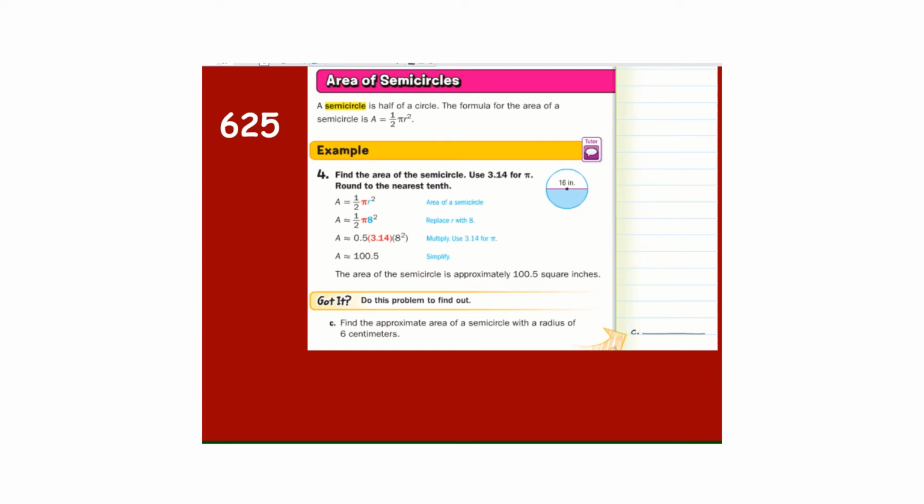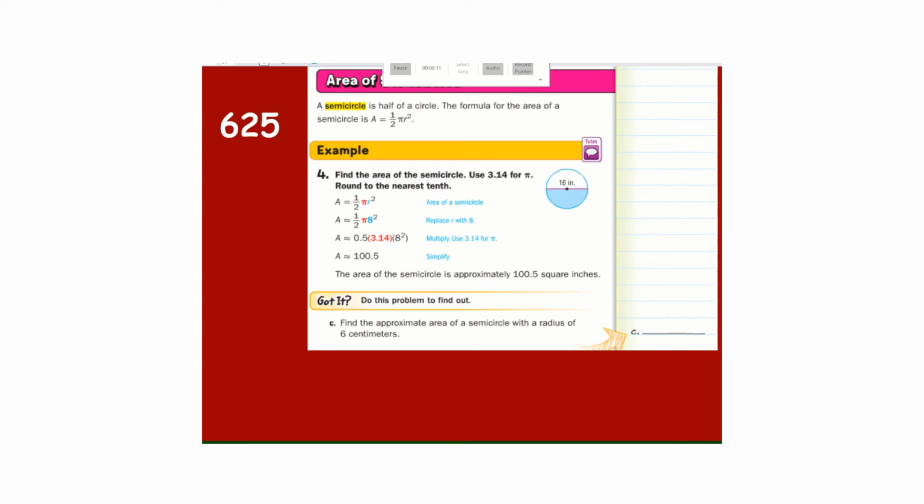So you do 8 times 8, you get 64. 64 times 3.14, 200.96, divide by 2, because we need half of that because it's half of a circle. About 100.5. So approximately 100.5 square inches.